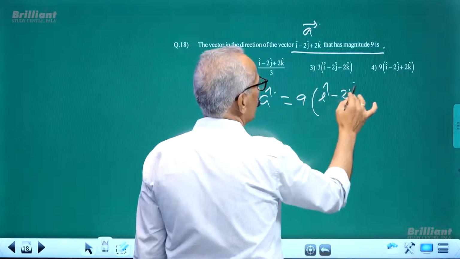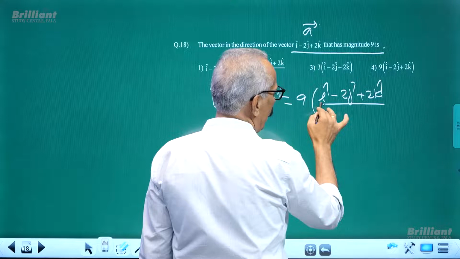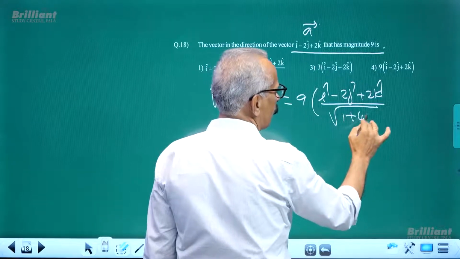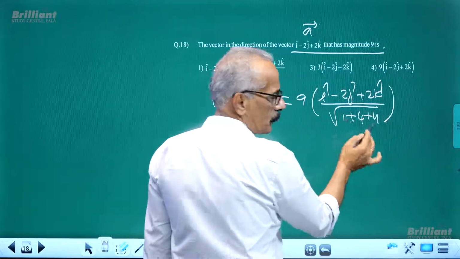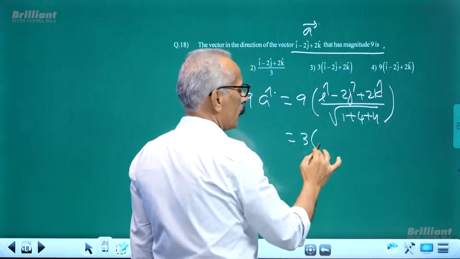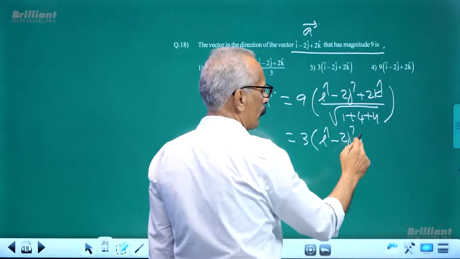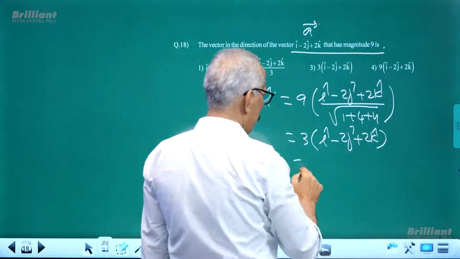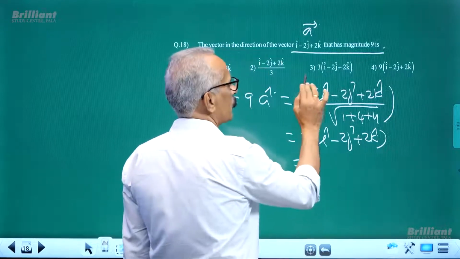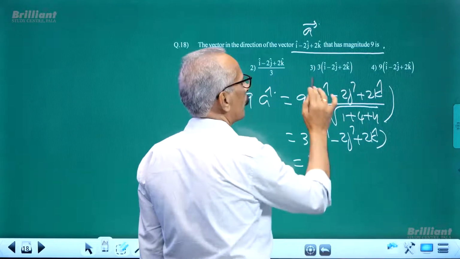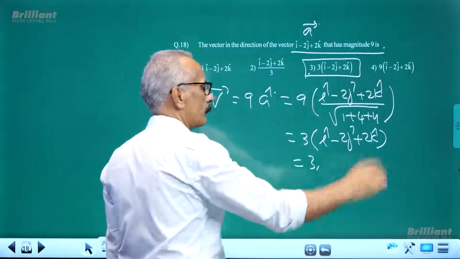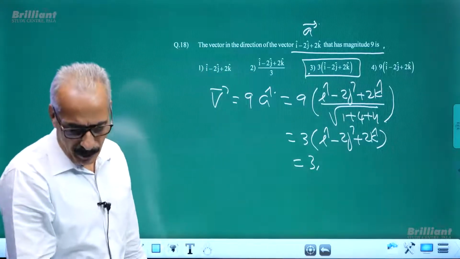I minus 2j plus 2k whole divided by root of 1 plus 4 plus 4. This is 3. That means 3 into I minus 2j plus 2k. So 3 into I minus 2j plus 2k is your answer. If you want, you can open the bracket also.